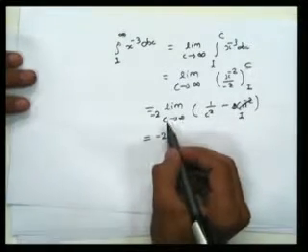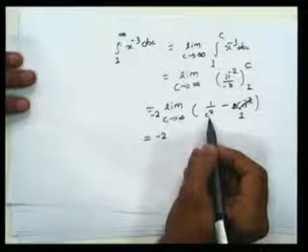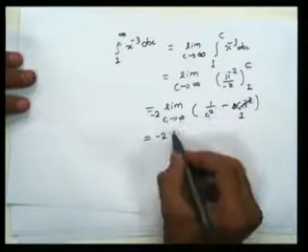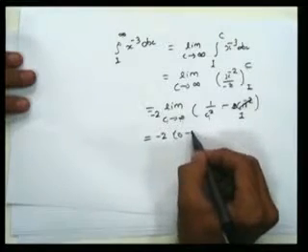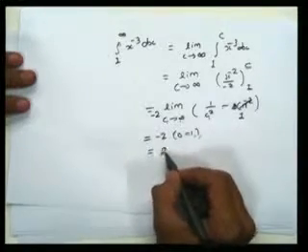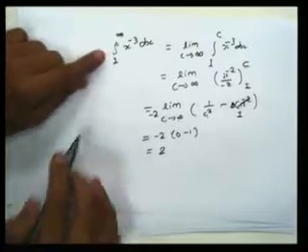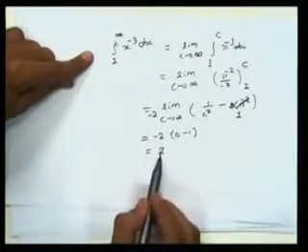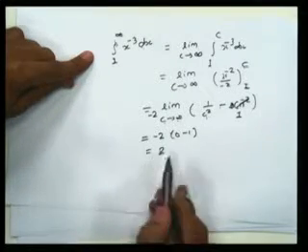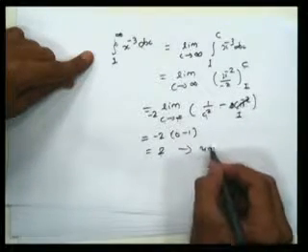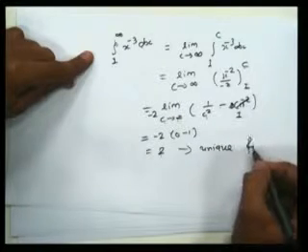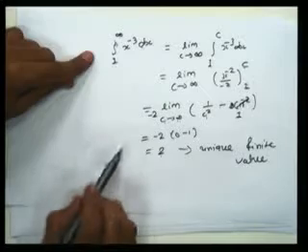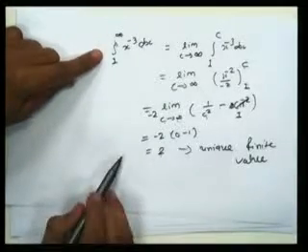If we apply c tends to infinity, 1 upon c square is 0, and hence this is minus 1 by 2 into 0 minus 1, which is nothing but 1 by 2. So the answer of this integration from 1 to infinity of x raised to minus 3 dx is a finite number. So it is a unique finite value, and hence we say that this integral is convergent.